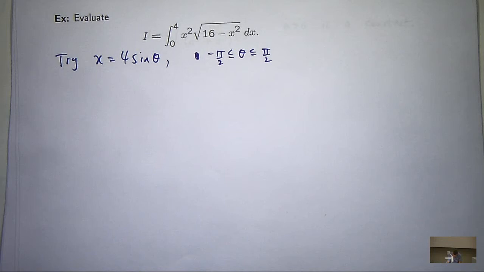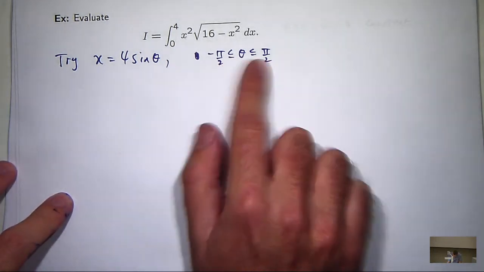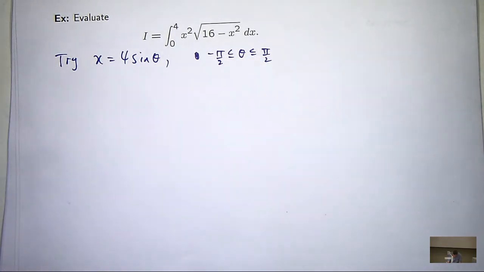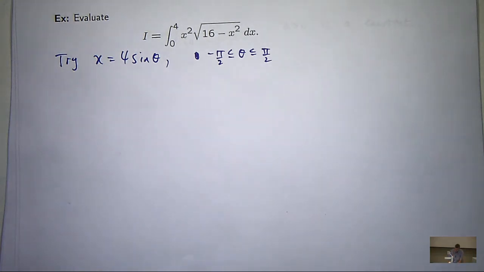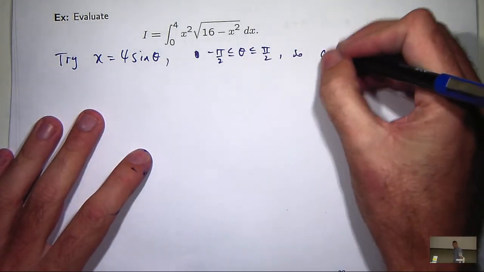Yes, up the back. Excellent, yes. This isn't taught at school, I don't think. It's important to put some bounds on your theta, because sine inverse doesn't exist everywhere. So you've got to restrict the theta to where sine inverse exists. Very good. So that's a small thing.